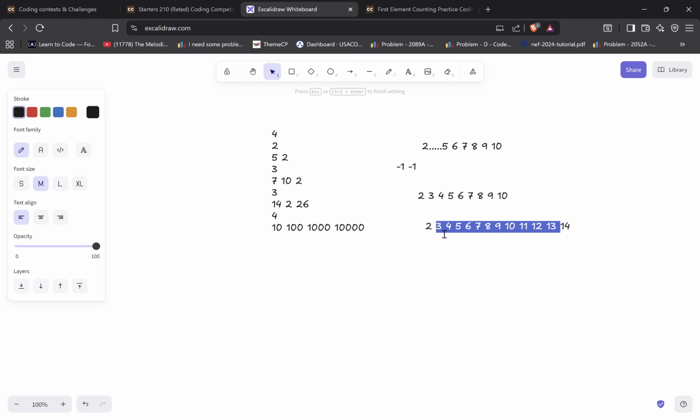Instead, what will happen is 3 4 5 6 7 will be closer to 2 compared to 14. 8 9 10 11 12 will be closer to 14, but 8 on the other hand would be equidistant to both 2 and 14.